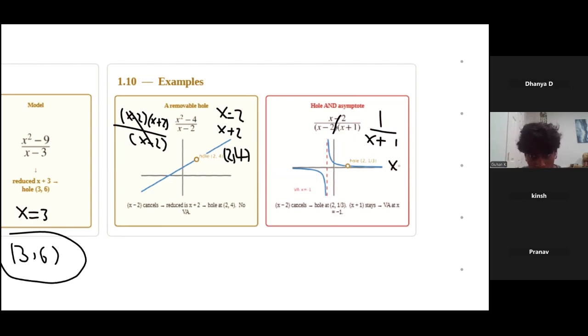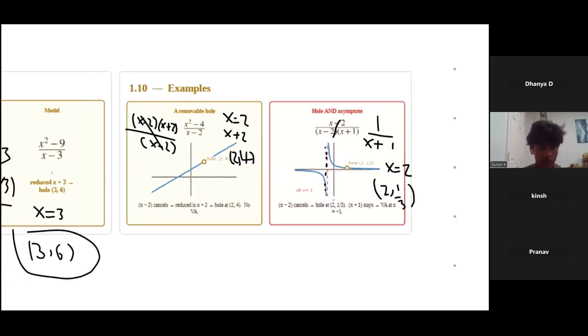So then 1 over 3 because 2 plus 1 is 3, and then on the top is just 1. So our hole is going to be at 2 comma 1 over 3. So now we know where our hole is. And we still have a vertical asymptote right here at x equals -1 because x equals -1 makes the bottom of 1 over x plus 1 equal to 0.